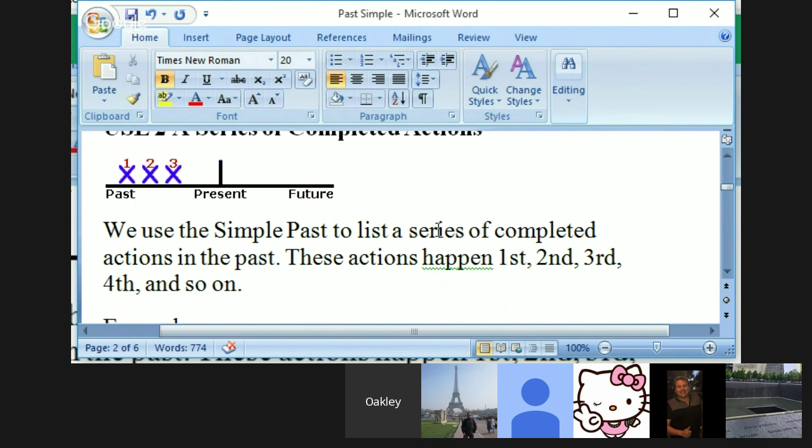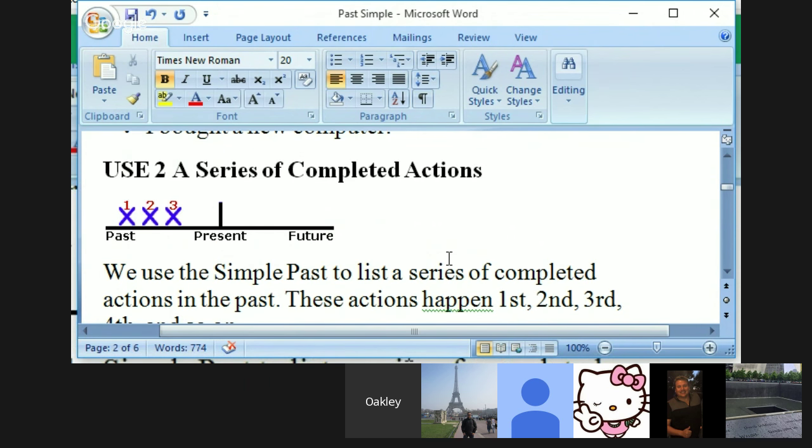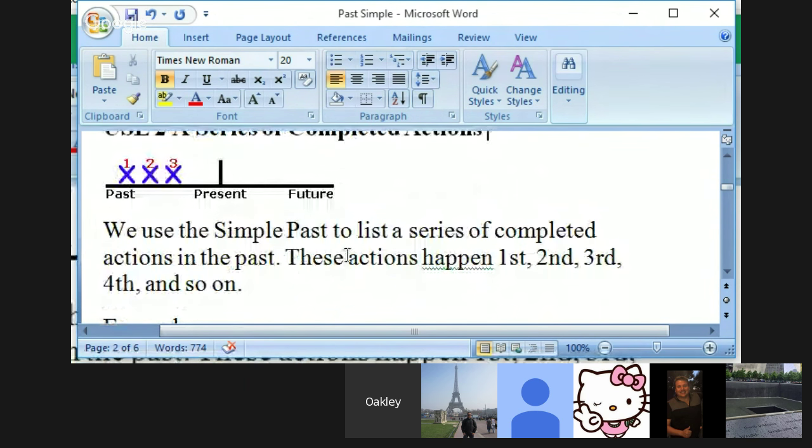But it's not always necessary to use past perfect. There are ways to get around it. There are a few circumstances where you must use it. But, for example, if you use the subordinators before or after, you don't really need past perfect. Or if you do this, you use the simple past to show a series of completed actions.